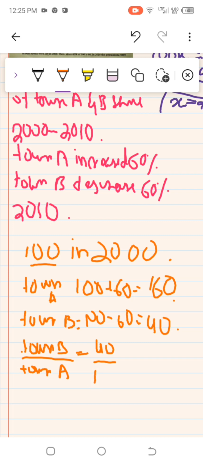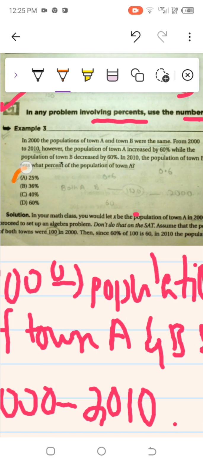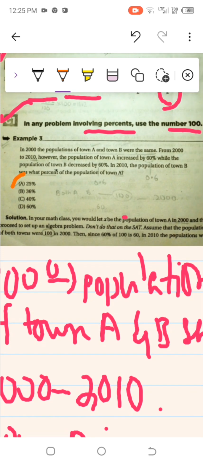Town A was 160%. Write 40 over 160. So this will be 1 by 4, which is equal to 25%. So this will mean our answer A is correct. You can see the correct option is A. The population of town B was 25% of town A.